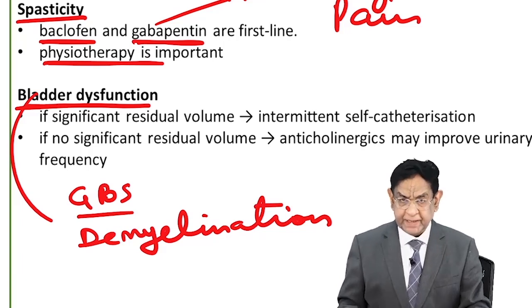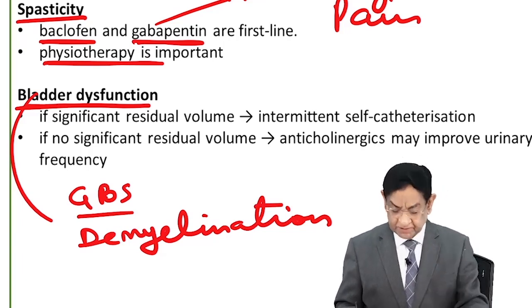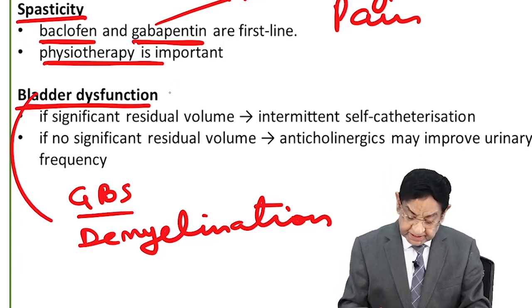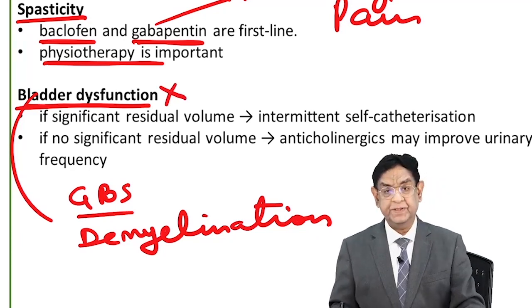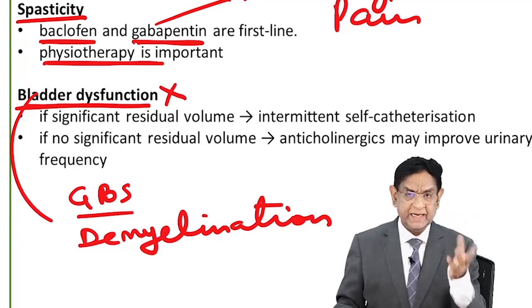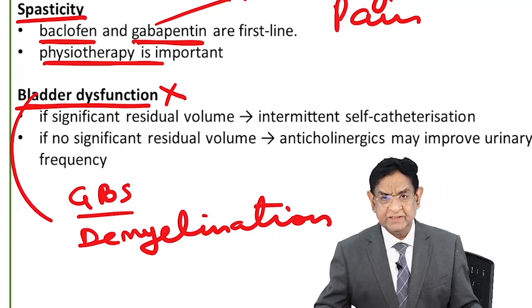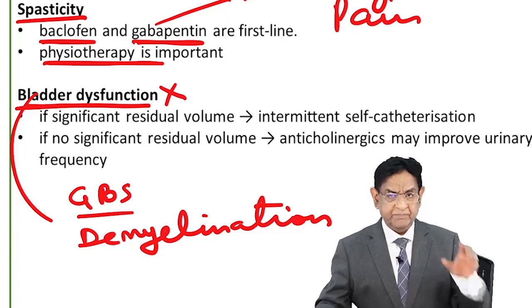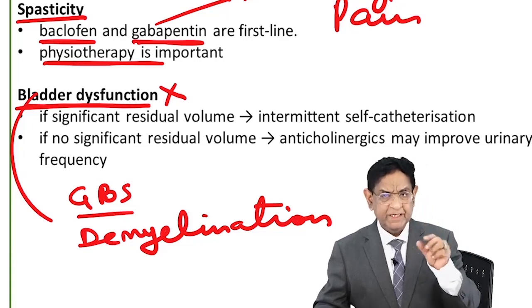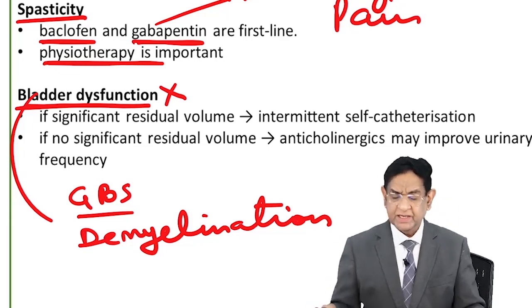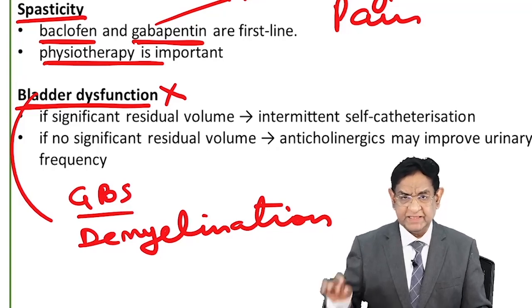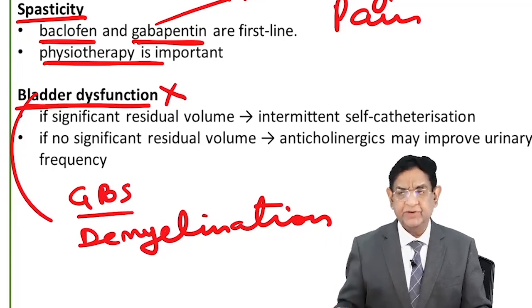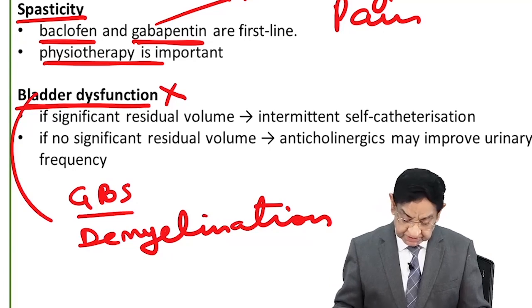But the main thing is, in Guillain-Barré syndrome, bladder dysfunction is not a feature. If you are getting a patient where you suspect Guillain-Barré syndrome, and the bladder is involved, then perhaps you are not dealing with GBS, you are dealing with something else. Such an important point. But here we are talking about multiple sclerosis.